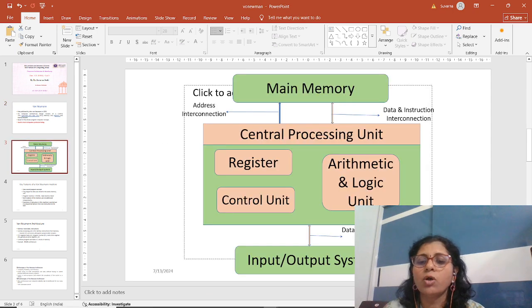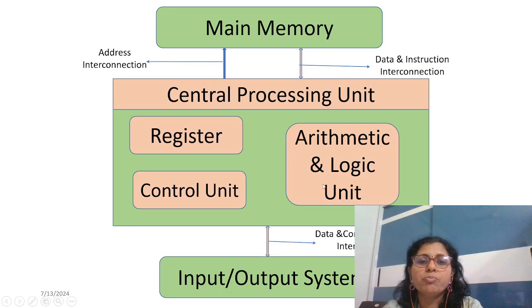If we see the block diagram of the basic architecture, there is the CPU, which does the main task of the whole processing, where the important components of the CPU are registers, control unit and ALU. Another important component in this architecture is main memory, which stores the complete instructions and data.